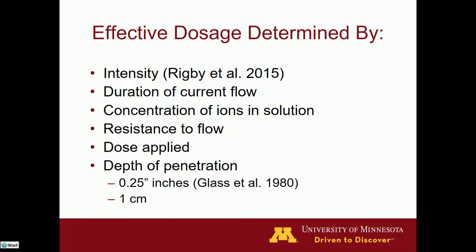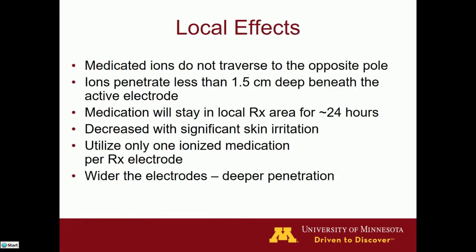We can affect resistance to flow by prepping the skin well. We can affect the depth of penetration by spacing the electrodes on the clinic units farther apart. We can't affect the concentration of ions in the solution. That's however the pharmacist prepares it in response to the doctor's orders.